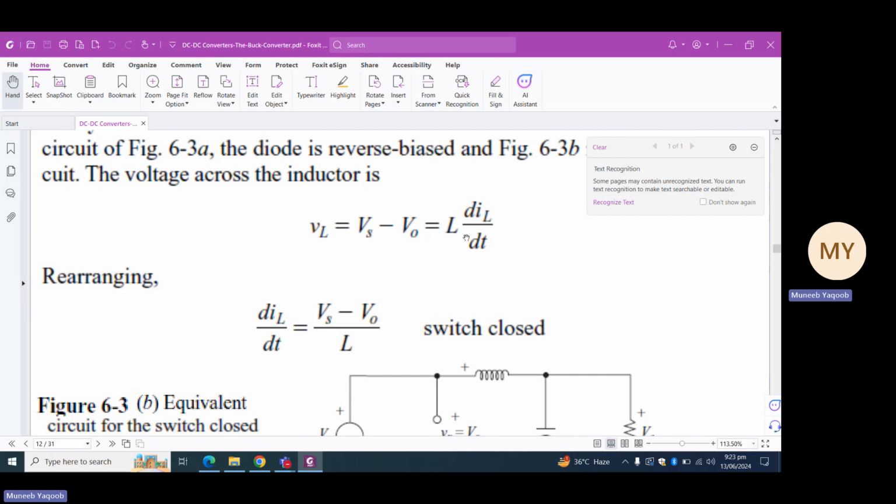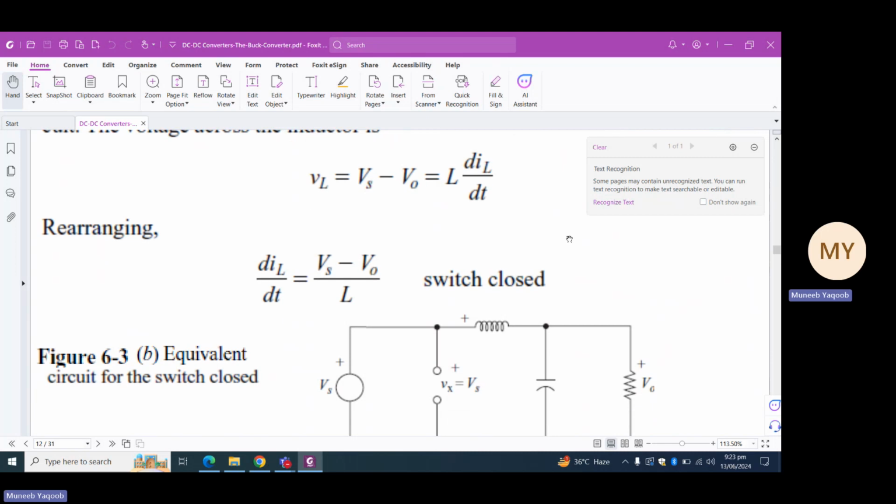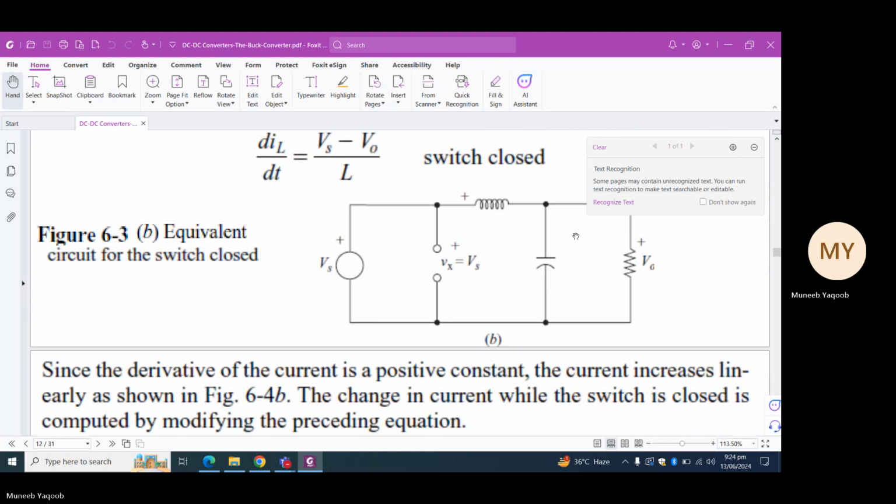So if we divide by L on the other side of the equation, we can write that di by dt equals (Vs minus Vout) upon L. Hence, we conclude that the rate of change of current is equal to the difference between the input and the output voltage divided by the value of the inductance.